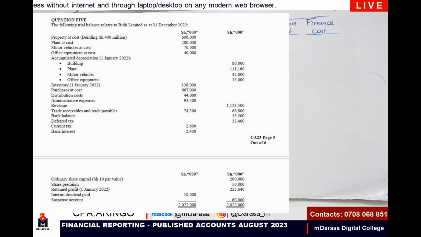For distribution cost, you can see I was given a value. My paper is telling me I'm having 44,000, so I'm having 44,000 here. What about admin cost?